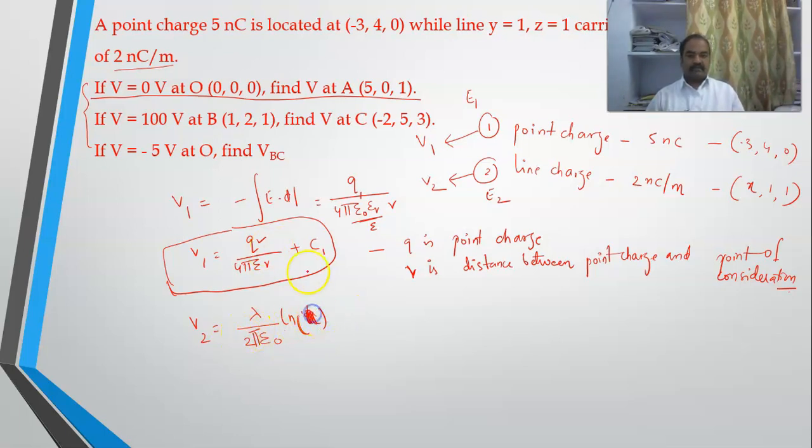Okay, to not get confused with this r, I'll take it as ln a, where lambda is the line charge and a is the perpendicular distance, or what we call the shortest distance, right? Perpendicular or shortest distance from the line charge to the point of consideration.